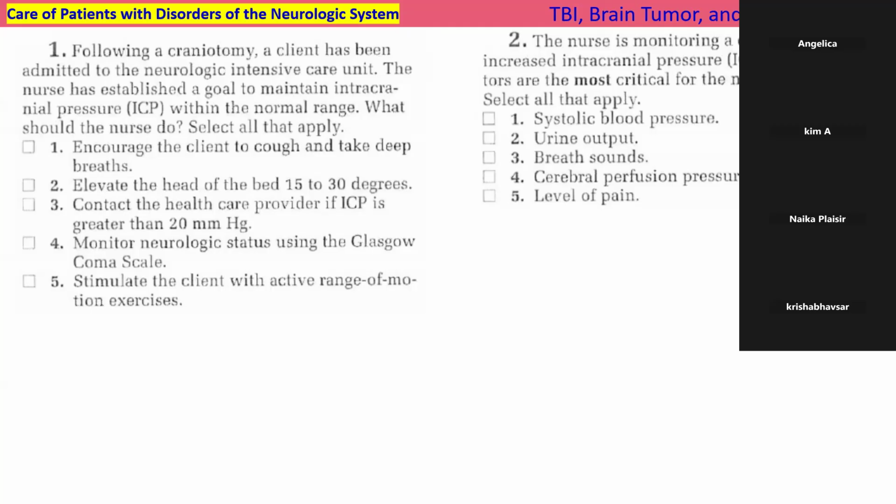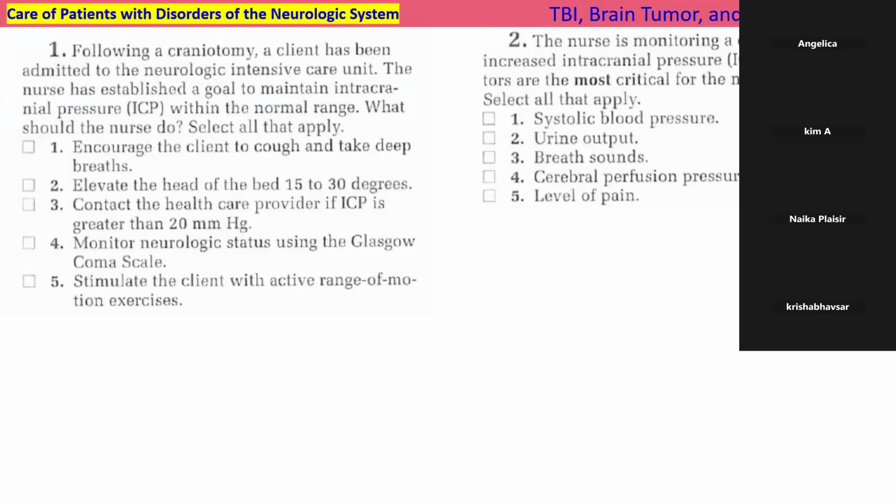Any coughing, range of motion exercises, or sneezing are going to increase ICP and should be avoided to some extent, especially in the post-op stage, like giving the patient antitussives or medications to prevent any source of increasing the ICP. So that'll be number 1.